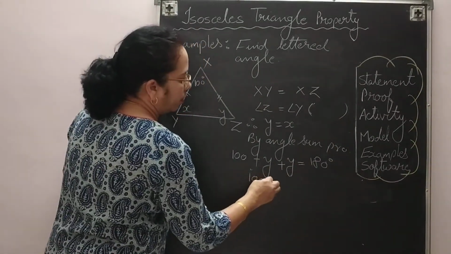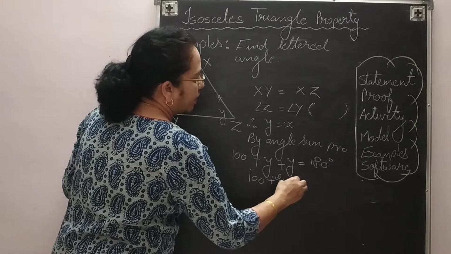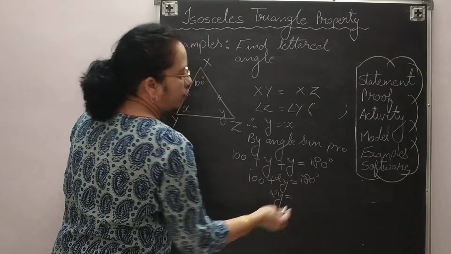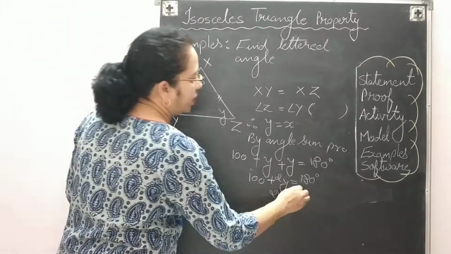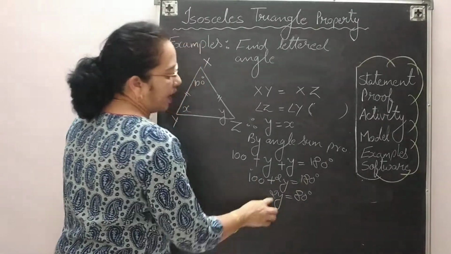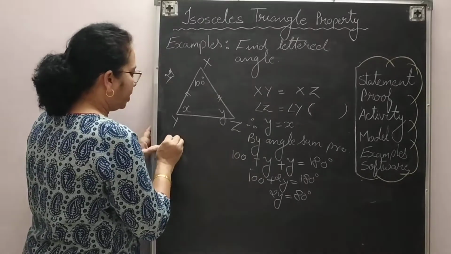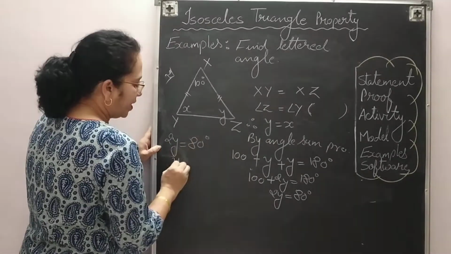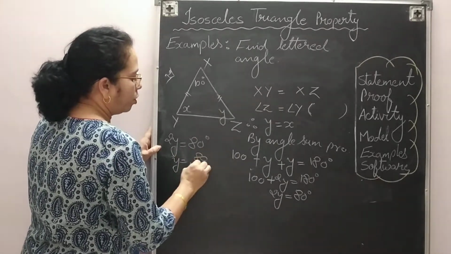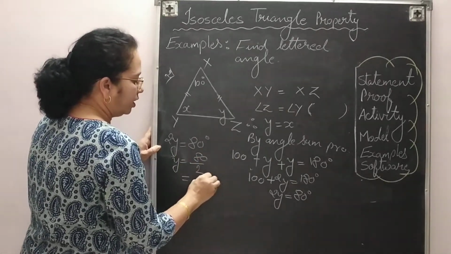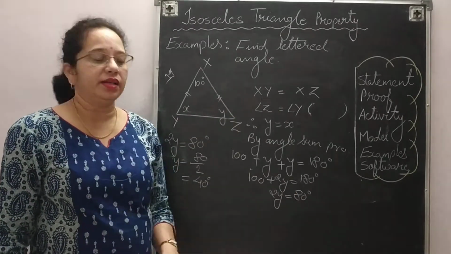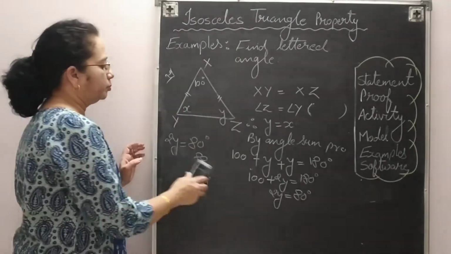So 100 plus 2Y is equal to 180 degrees. So 2Y is equal to 180 minus 100, which gives 80 degrees. So Y is equal to 80 upon 2, that is 40 degrees. So the value of X is also 40 degrees and the value of Y is also 40 degrees.